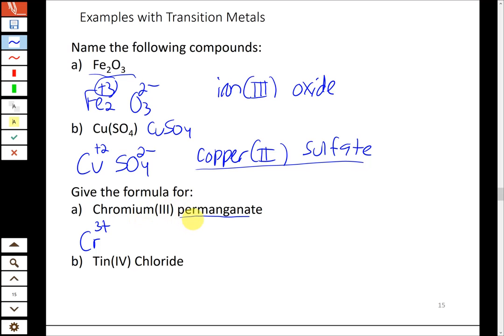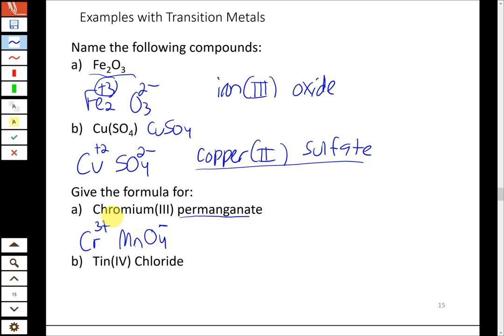It's chromium 3+. But then permanganate, we have to know, is the anion that has the formula MnO4 with an overall -1 charge. So there are 2 polyatomic ions that we'll see, or maybe 3, but there's 2 that are similar, that have metals at the center. So permanganate is MnO4-, chromate is CrO4 2-. Those are 2 of the ones on the table.